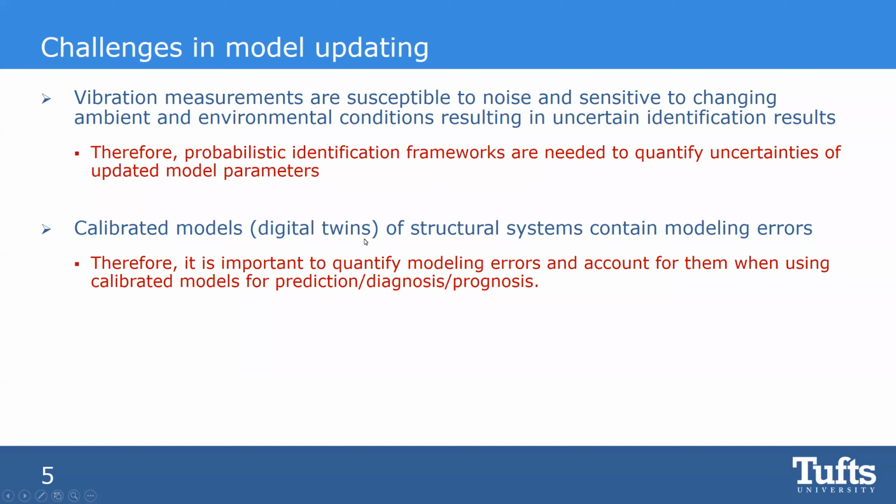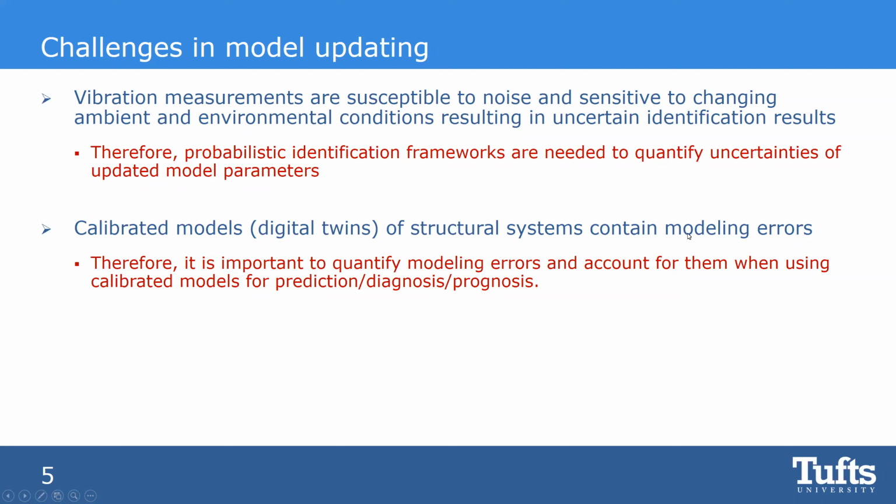Also, even after you calibrate your digital twin, it is not exactly the structure. It is a replica, or wishful thinking, of a structure. So there is modeling error. If you don't account for that, then whatever you represent can lead to overconfidence in your prediction.